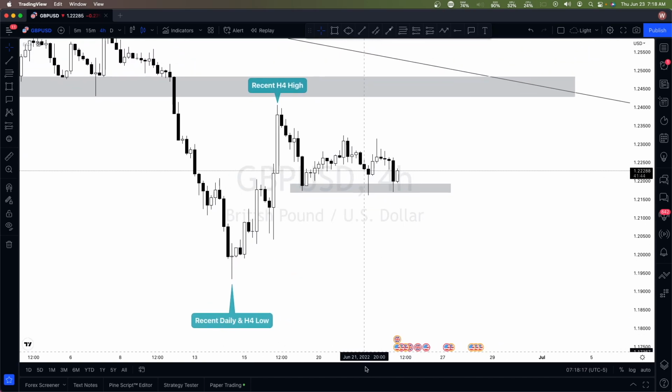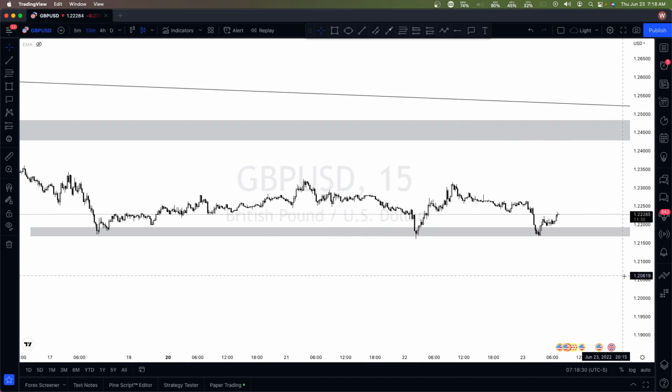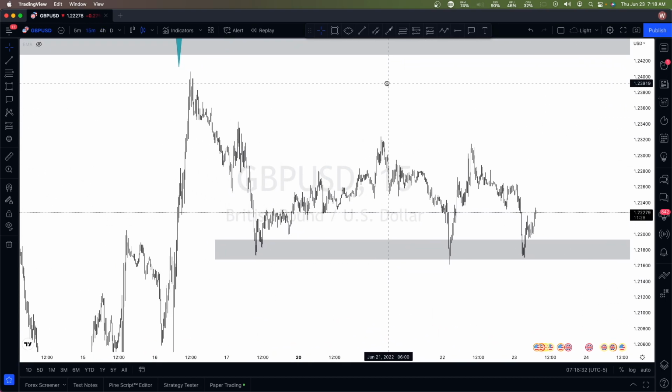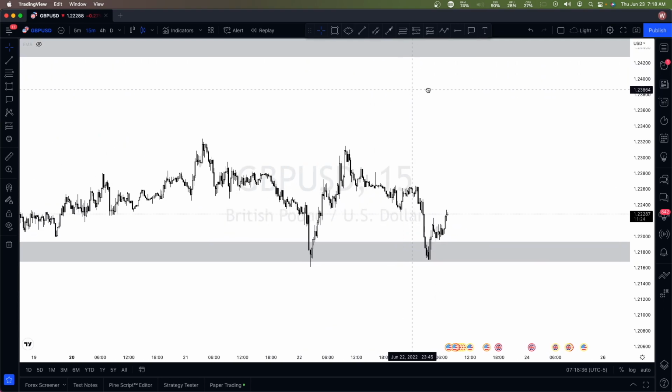Okay, so we have that, and next we're going to identify trend reversal near key zones on the 15-minute chart. Here we have 2 key zones. So we're going to go to the 15-minute and look for a trend reversal.